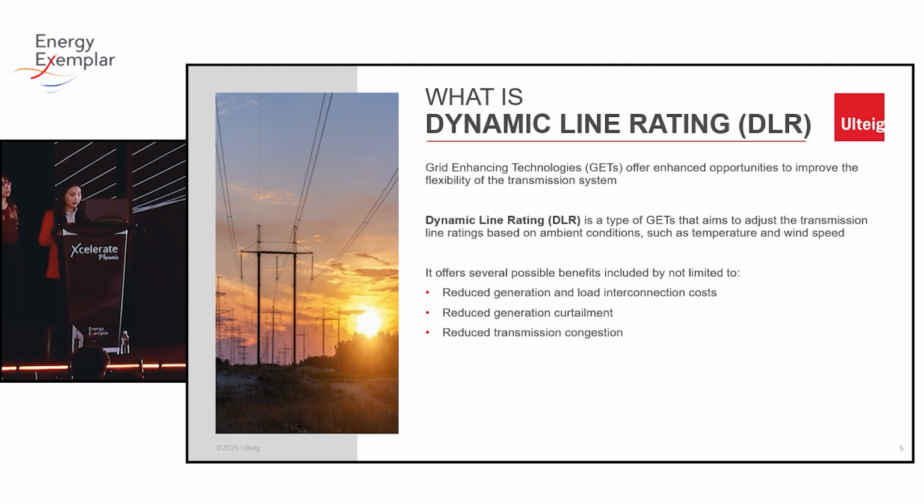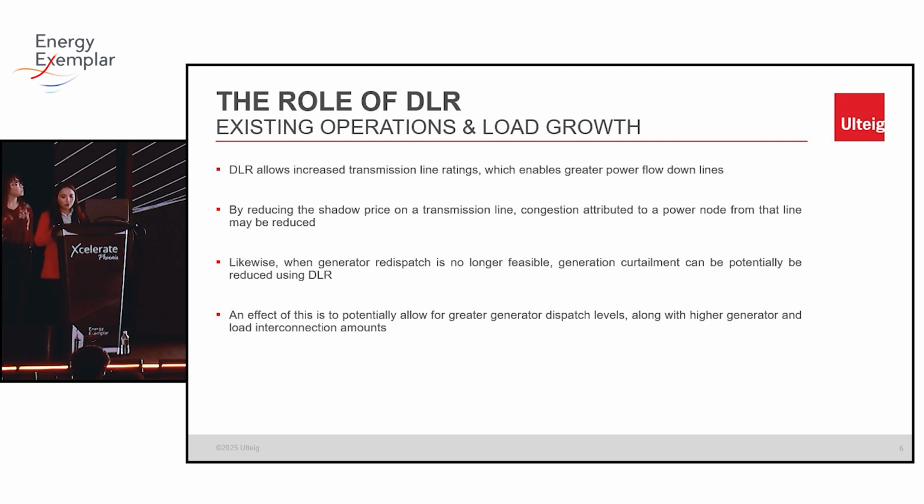So, next, let's focus on the specific role of dynamic line rating. Dynamic line rating allows increased transmission rating values, which enables greater power flow down the transmission lines. You might be wondering, why is it important to increase the transmission rating values?